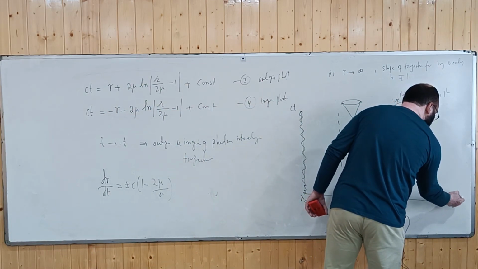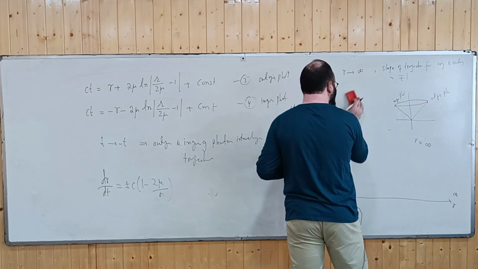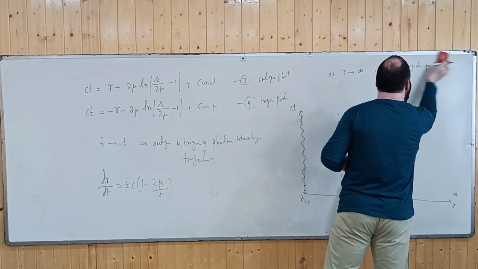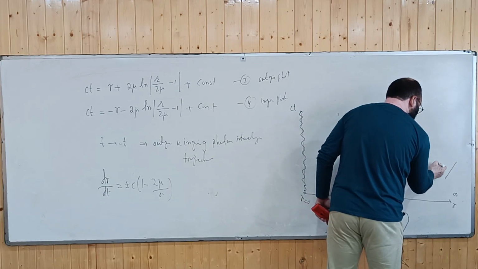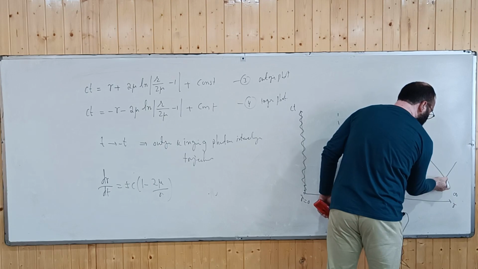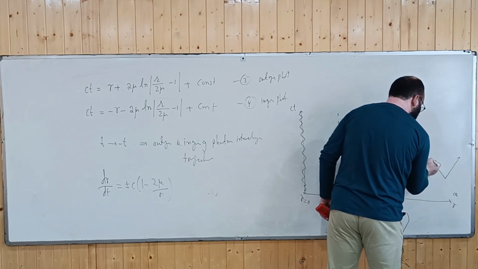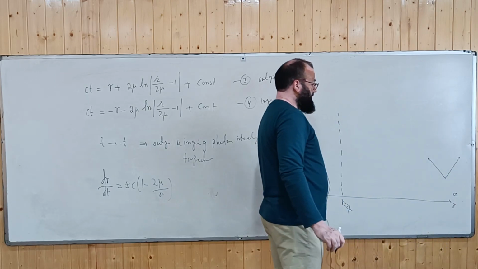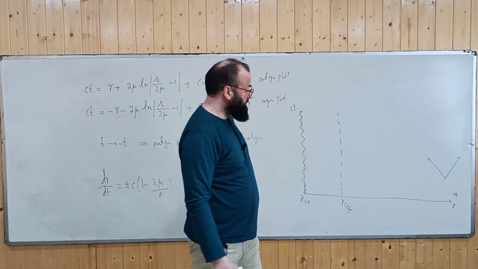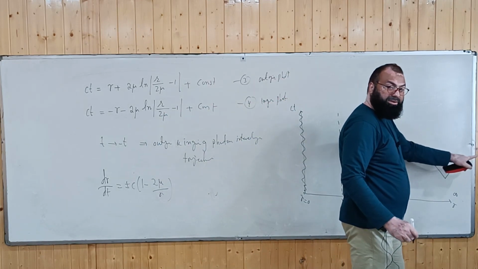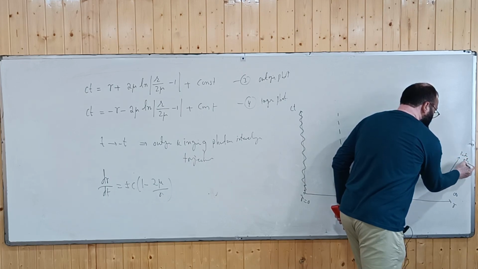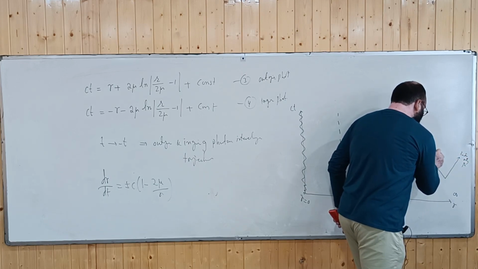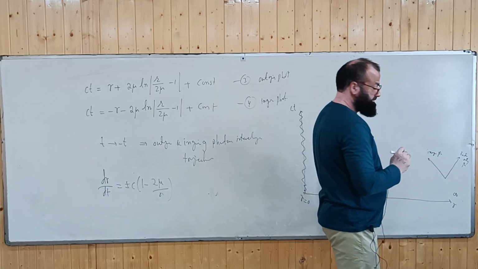This is r equal to infinity. Let me draw it this way, then I will draw a good diagram. So this is the radially outgoing photon, and this is the radially ingoing photon.